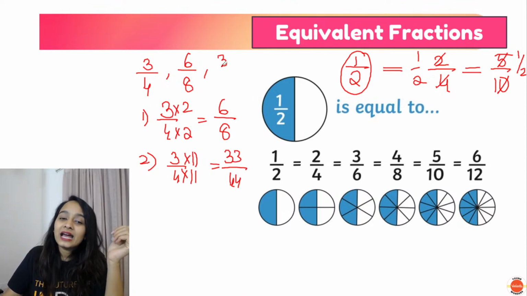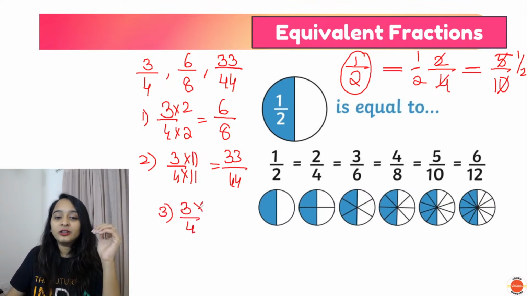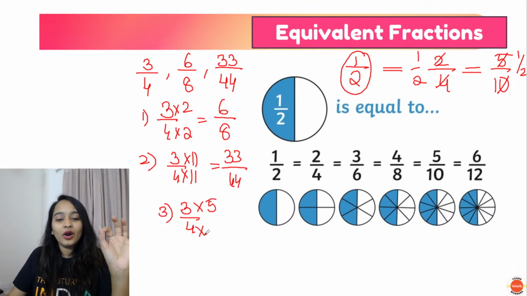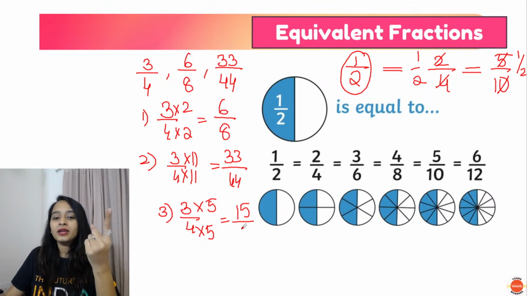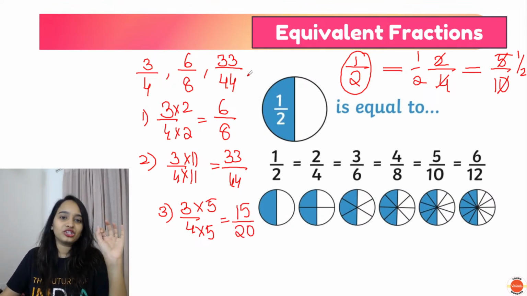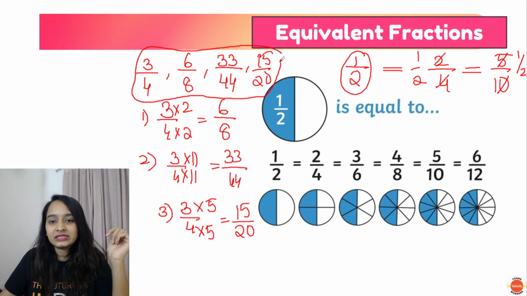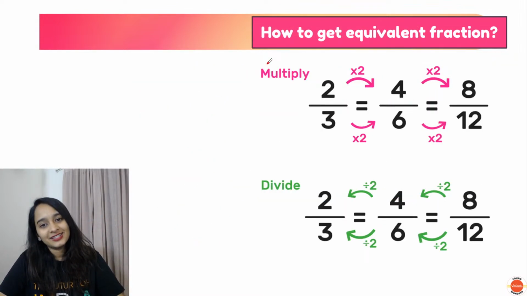So, that is another equivalent fraction to 3 by 4. ऐसे you can multiply the numerator and denominator of the fraction with any number, whatever you want, but it should be the same number. Numerator में और denominator में same number होना चाहिए जो आप multiply कर रहे हो. So 15 by 20. So all of these fractions here are equivalent fractions.